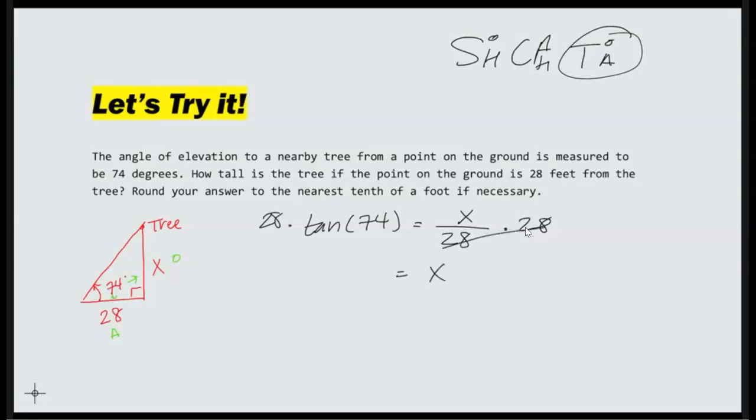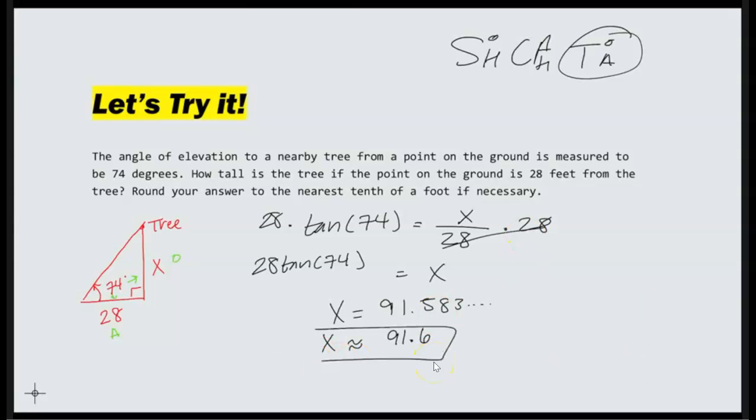That will give me X equals 28 tangent 74, which in this case gives me X is 91.583, but I had to round my answer to the nearest tenth, so it is 91.6 feet. So this is my answer. All you're really doing for angles of elevation and depression, they're just word problems, and you have to draw the diagram and then solve, rather than just being given the diagram.